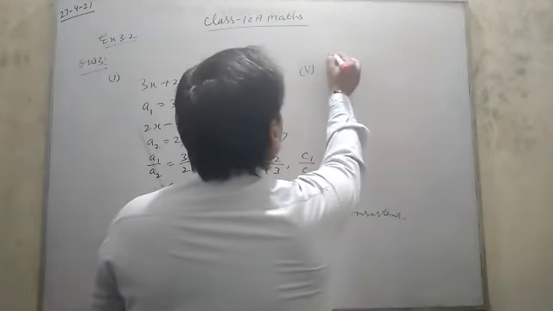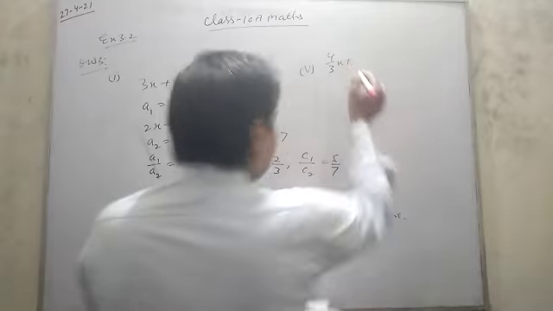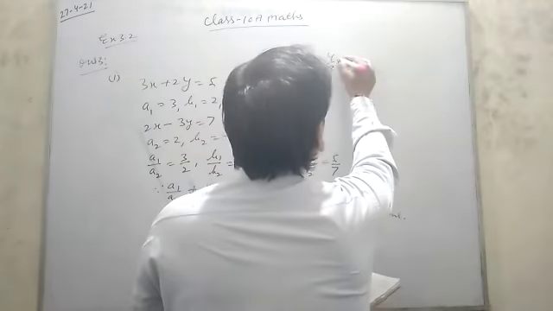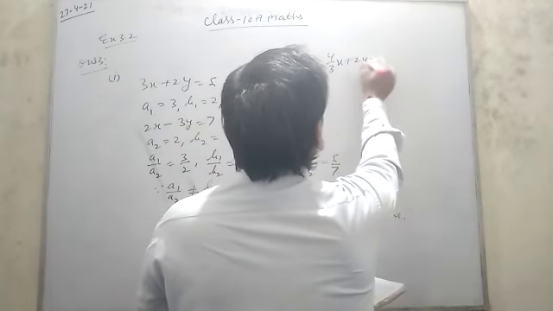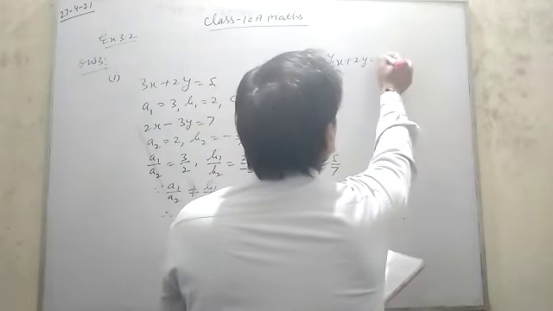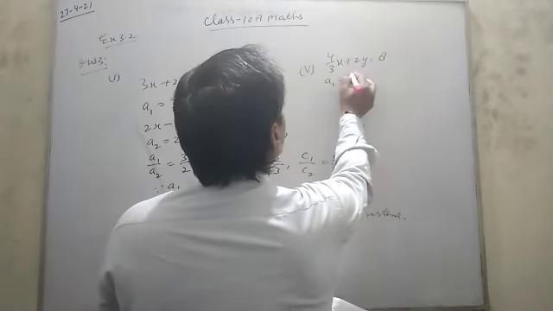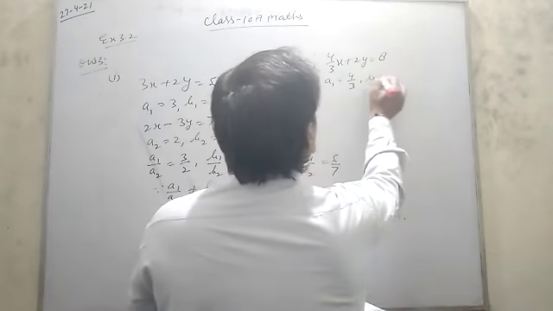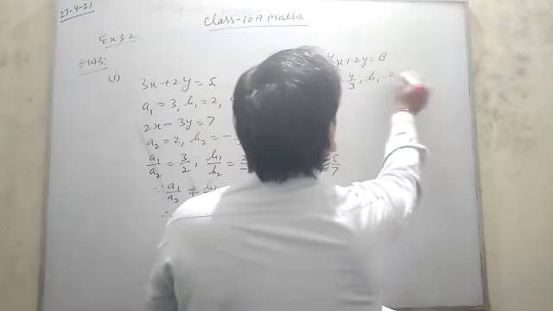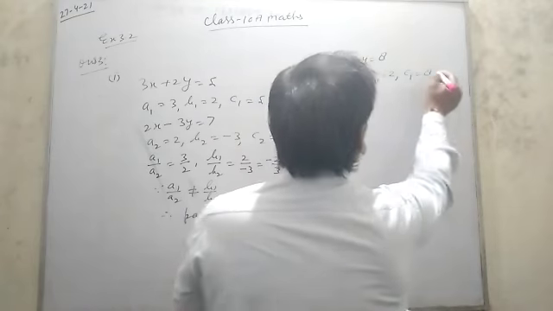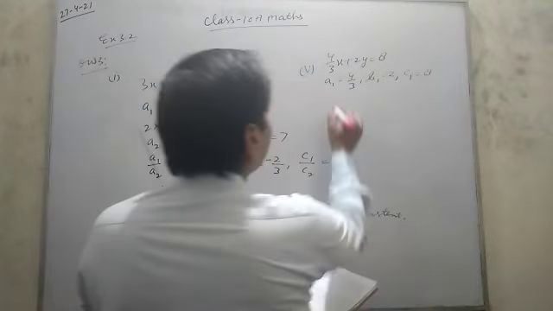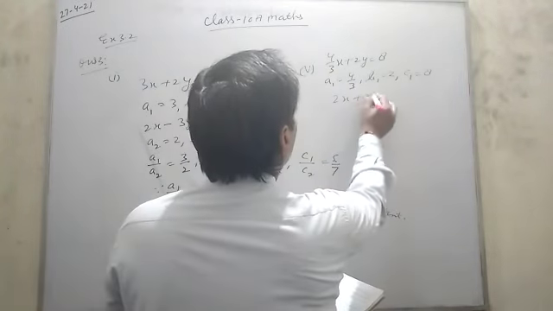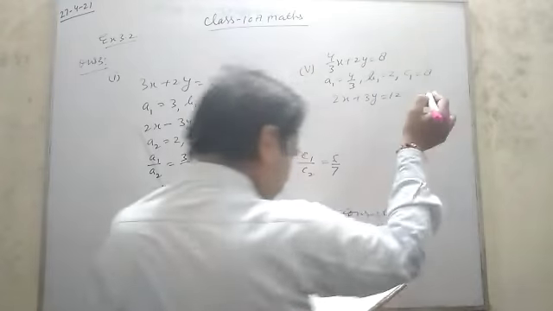4 by 3 x plus 2y is equal to 8. So compare it. a1 is equal to 4 by 3, b1 is equal to 2 and c1 is equal to 8. Then 2x plus 3y is equal to 12.